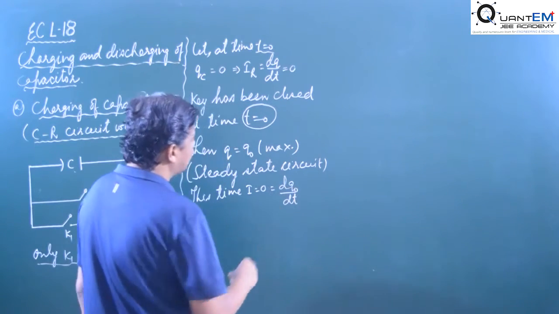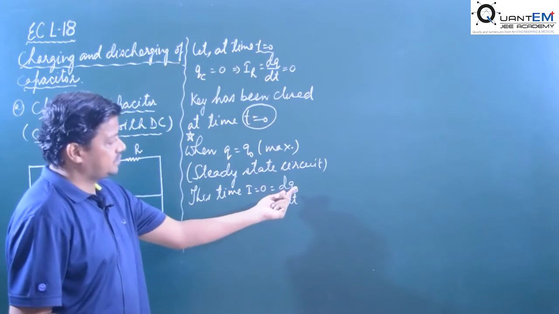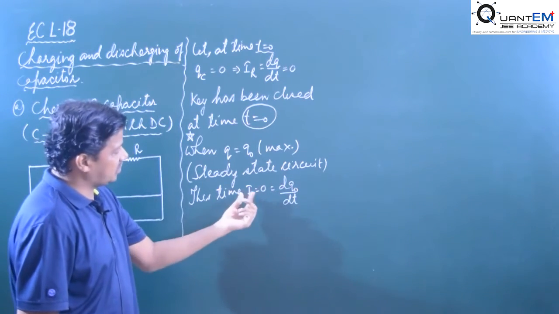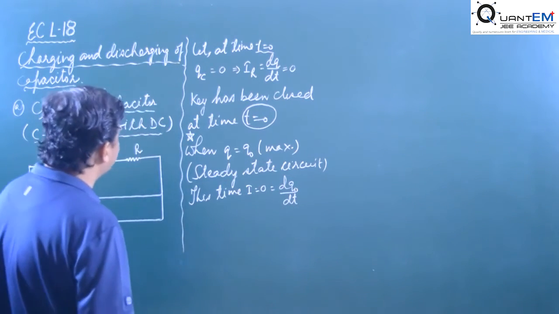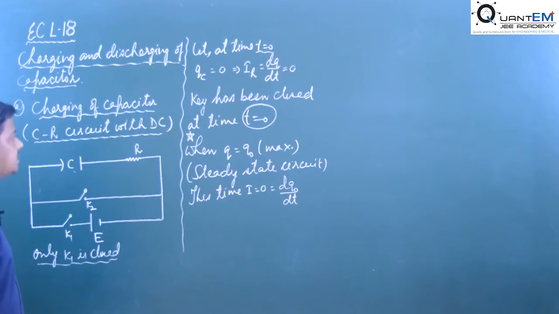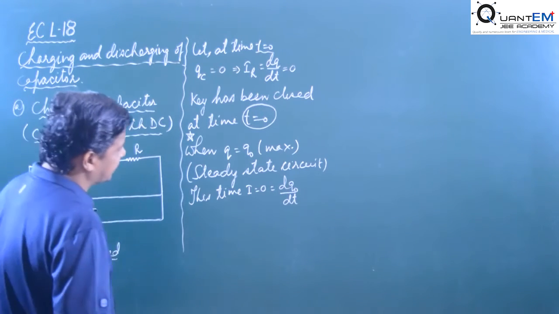The maximum and minimum concept we know: the differential value of the maximum value is always 0. So when charge is maximum, then current is 0, that is called the steady state.